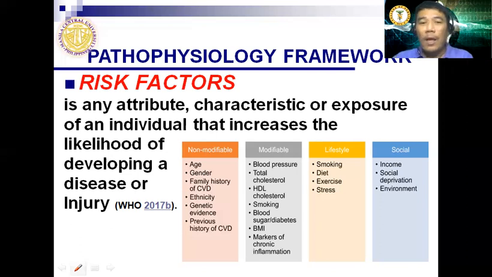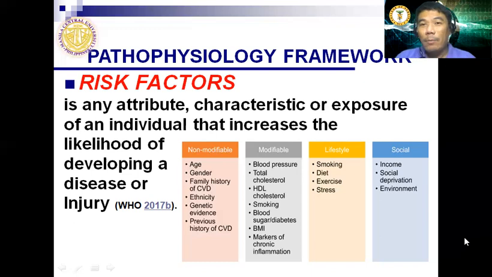Other than that, it may also support an explanation if the client has a previous history of cardiovascular disorder. Wait, sir, why is the previous history of cardiovascular disorder considered an unmodifiable risk factor? Just like, for example, if the client already had a first heart attack, which is a condition we call myocardial infarction.